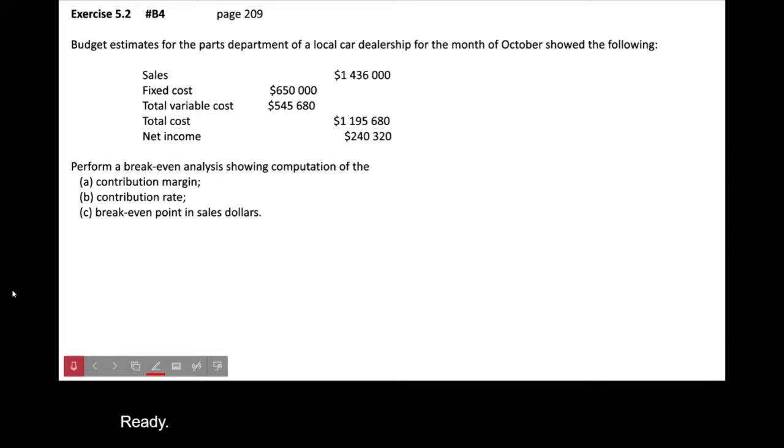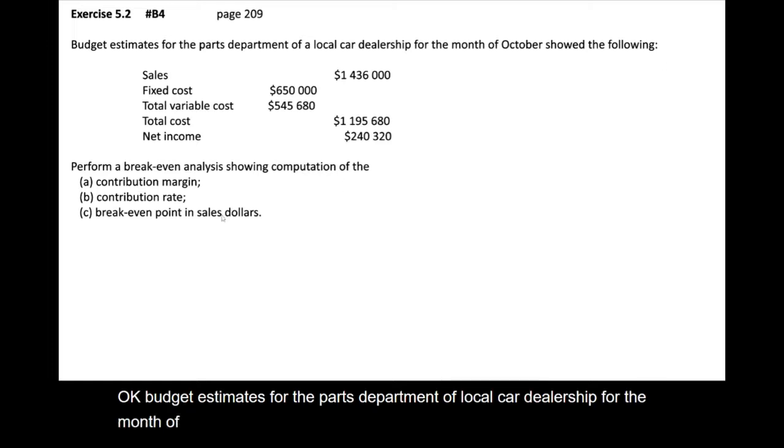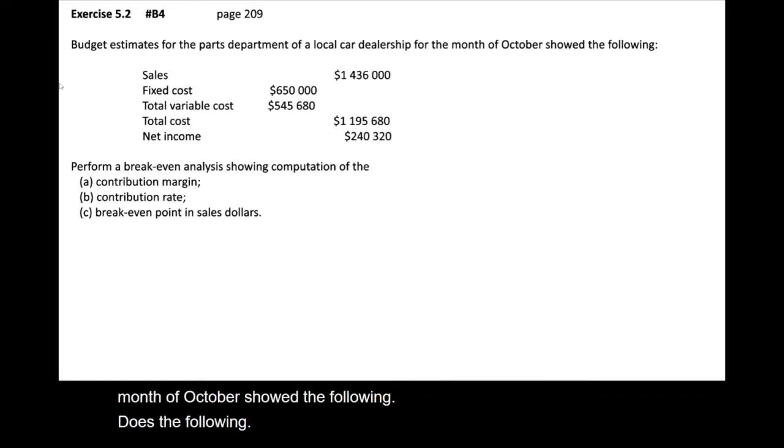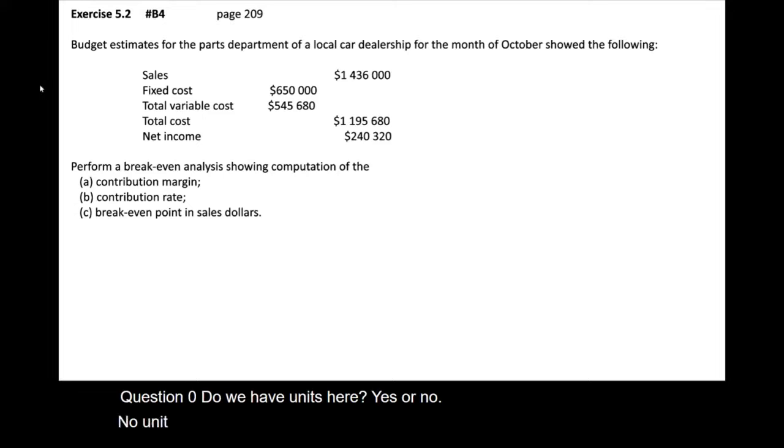Okay. Budget estimates for the parts department of a local car dealership for the month of October showed the following. So question zero, do we have units here, yes or no? No units. Answer is correct.